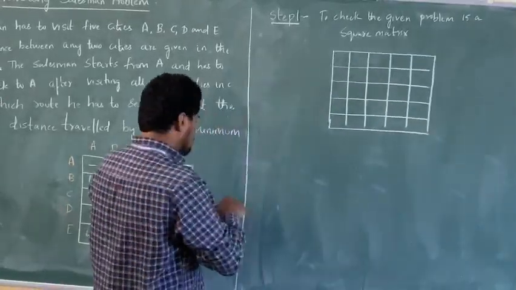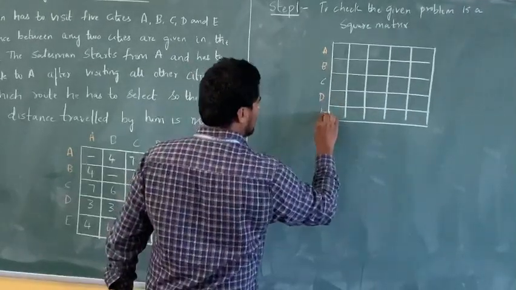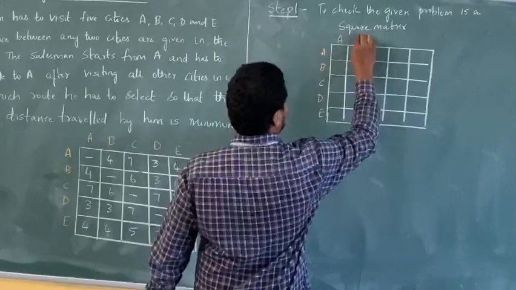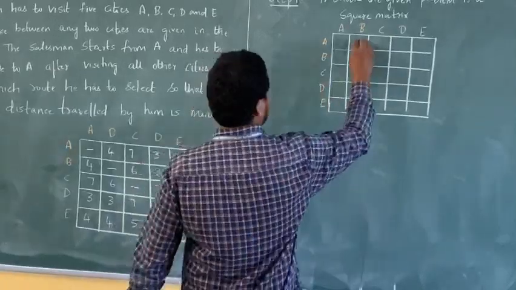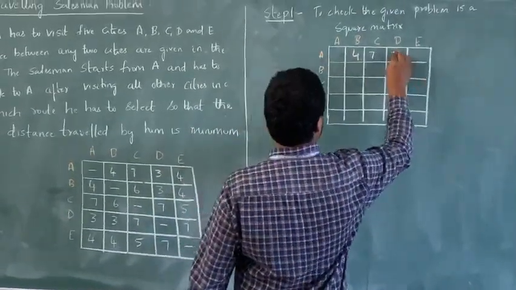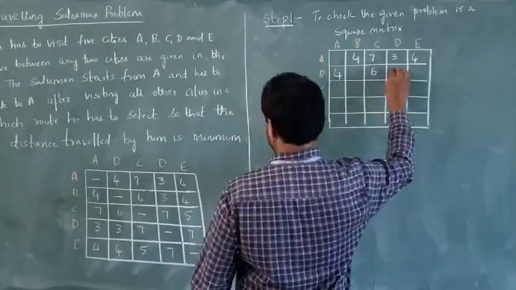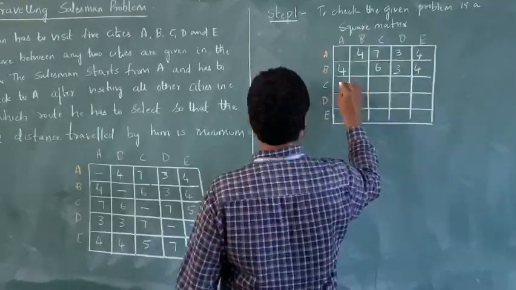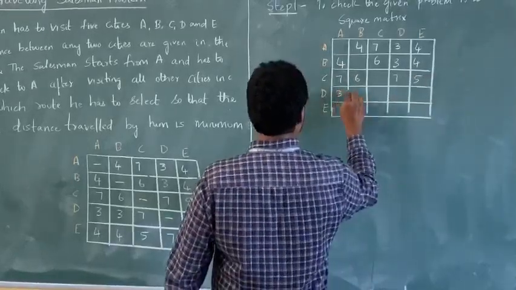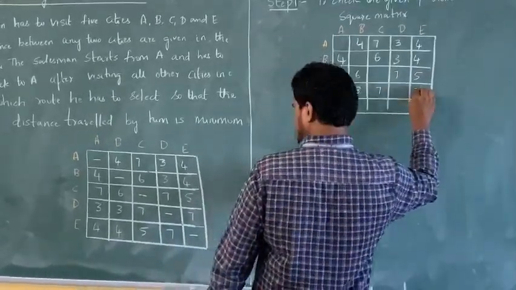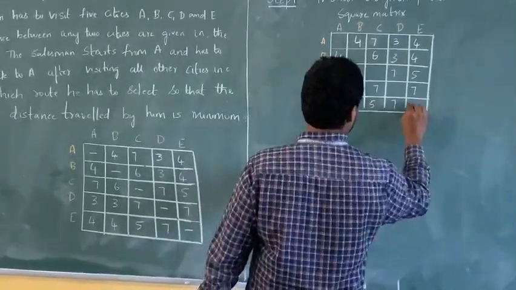Here I have the different cities A, B, C, D and E, along the rows and the columns. Here we have 4, 7, 3, 4, 4, 6, 3, 4, 7, 6, 7, 5, 3, 3, 7, 7, 4, 4, 5, 7.